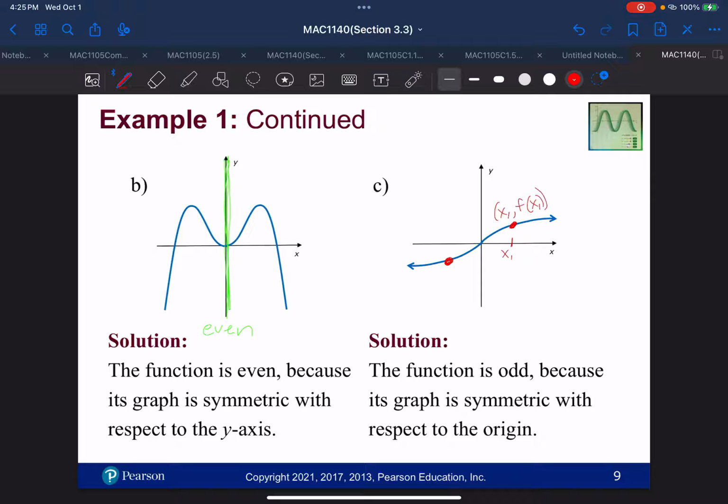And the one over here would be negative x1, and negative f of x1. So same values, just negative of each other. So it's like a mirror image if I folded it over the origin on top of itself. I'm sorry, I said that wrong. It's actually, if you rotate it 180 degrees, then it'll line up on itself. So that one is symmetric with respect to the origin.